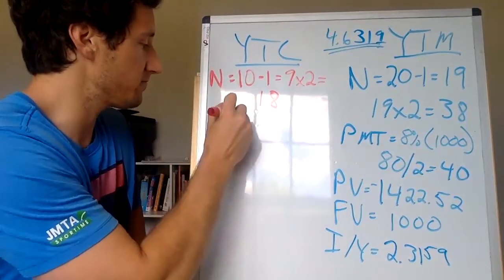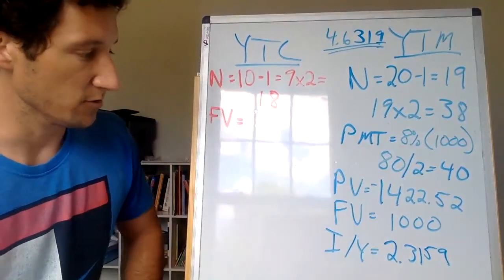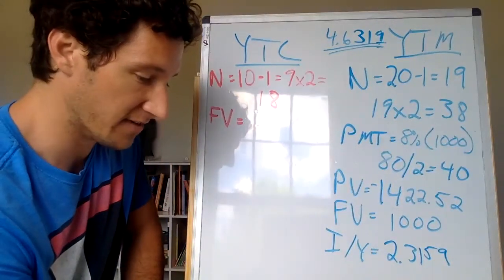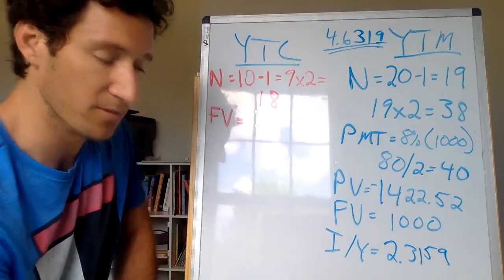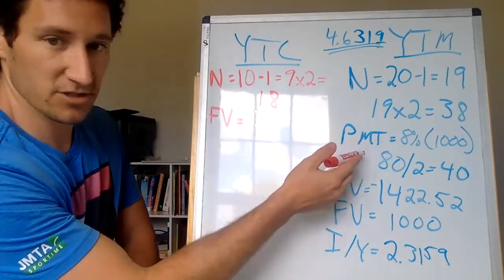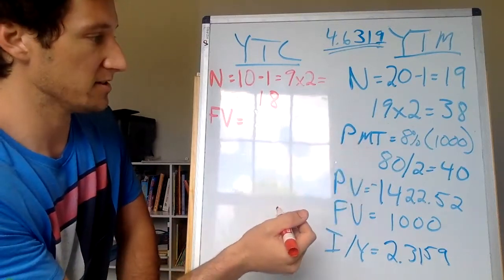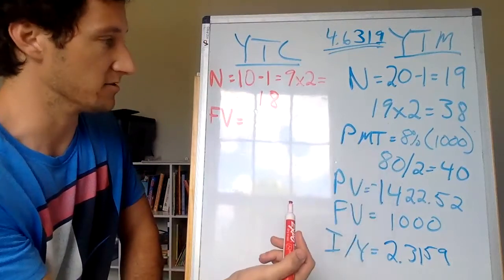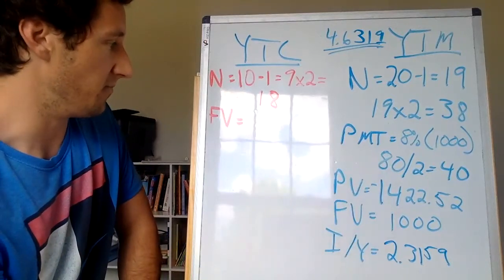Future value. We're still going to have the $1,000. However, if you read the problem carefully, if they are called, there's a call premium equal to 1 year of interest, okay? So this is the interest, the payment, the coupon payments. In a year, you would get $80, 2 payments of $40 each 6 months.